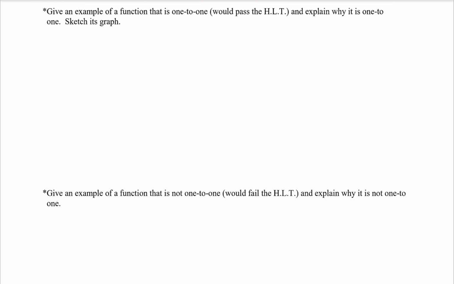So let's put all this together. Give an example of a function that is one-to-one, would pass the horizontal line test, and explain why it's one-to-one. So we just drew exponential growth. Let's do exponential decay. That'll be one-to-one.